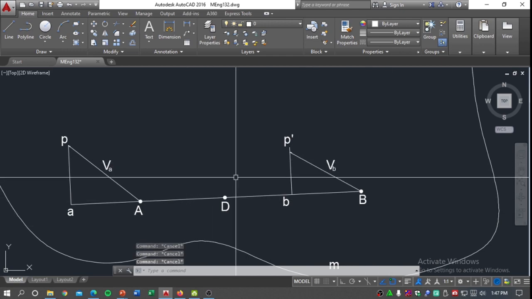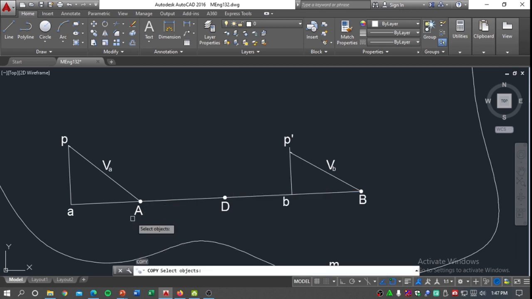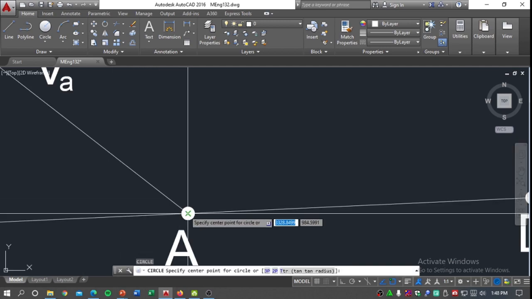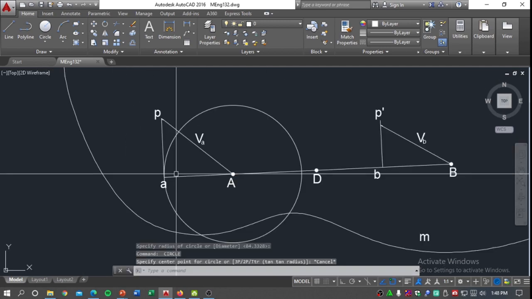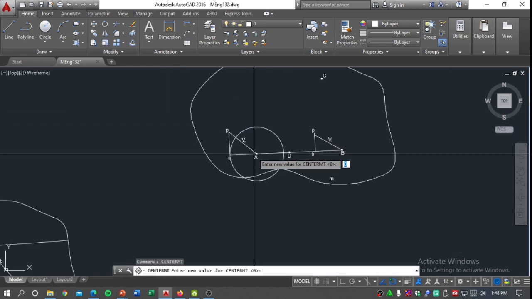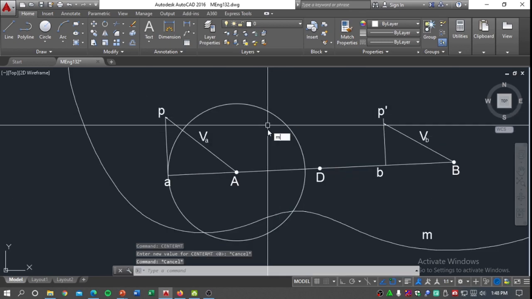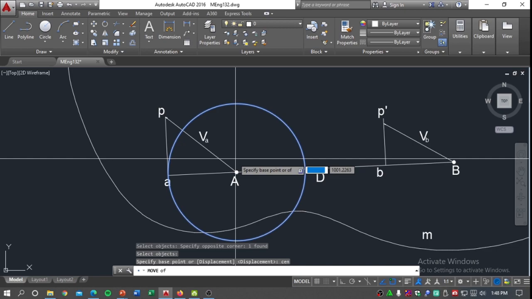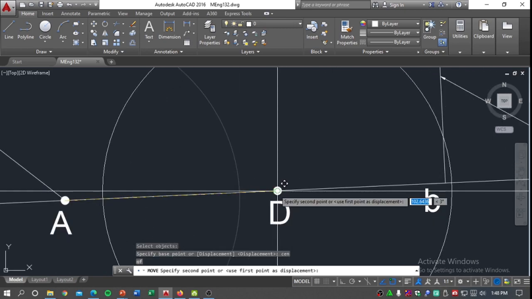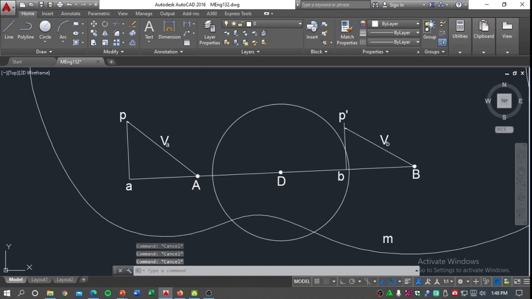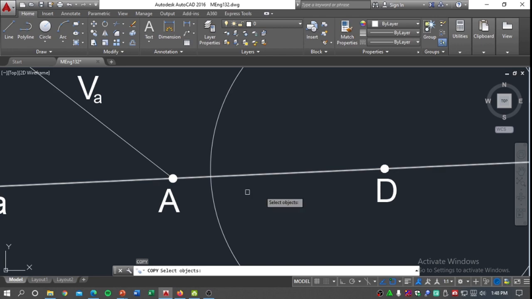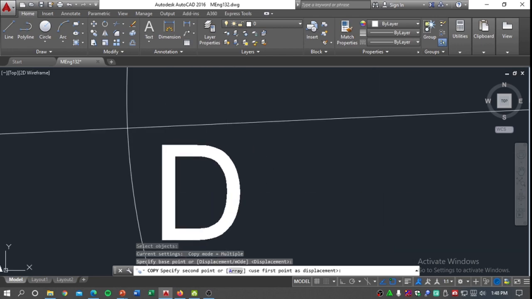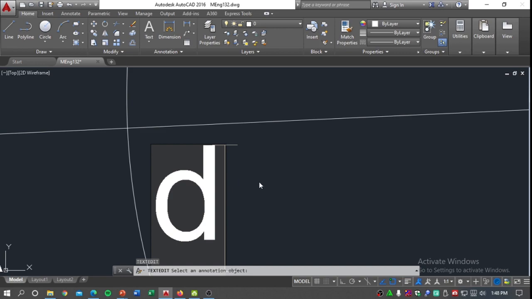Same with point B, draw a circle, then move it to point D. Okay, so this is now the length D. So this point is now small letter D.